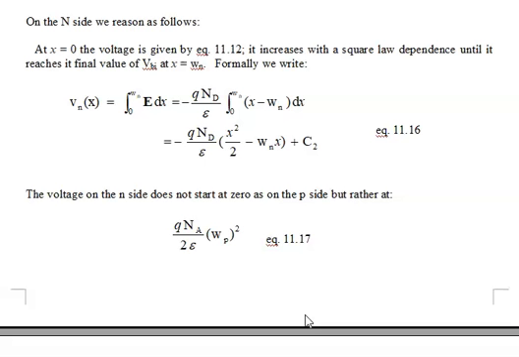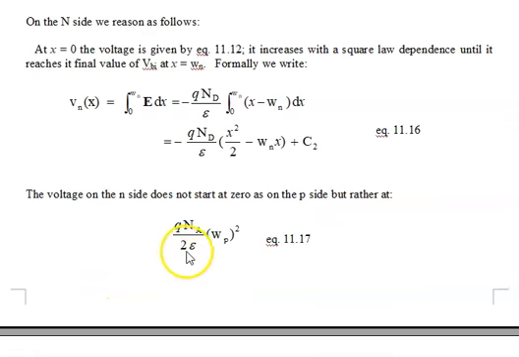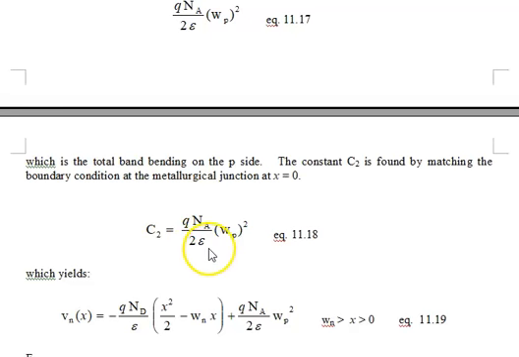And how do we determine C2? Well, we determine C2 by matching the voltage at x equals 0 on the N side to the voltage at x equals 0 on the P side. So we put in here x equals 0. That must be equal to Vn of x equals 0, and that allows us to determine C2 relatively straightforward.